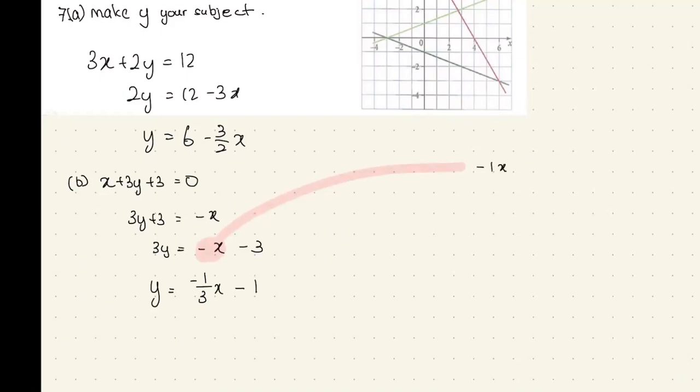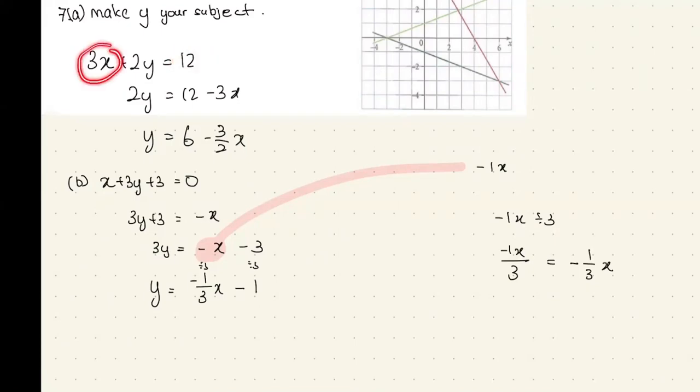So when I divide all the equation by 3, -1x divided by 3 is actually -1x/3, which is also equal to -1/3x. It's the same thing. So same thing here. The 12 remains.